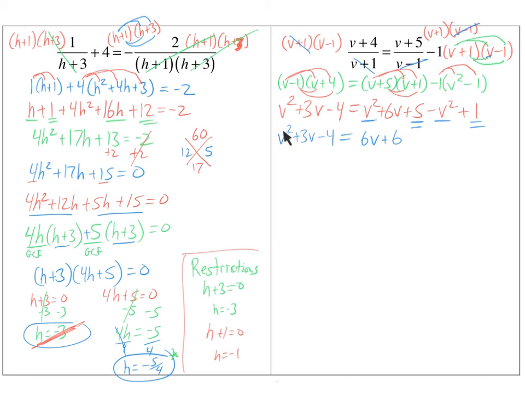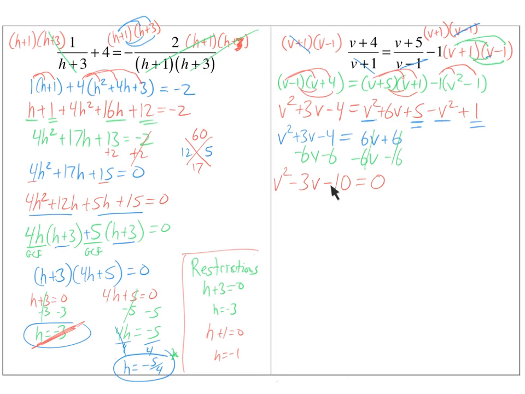And to solve it, since I have a v squared, I need to set it equal to 0. So I need to move these two over. So I'm going to minus 6v right here. And I'm going to minus 6 right here. So these are gone, leaving me with v squared minus 3v minus 10 equaling 0.